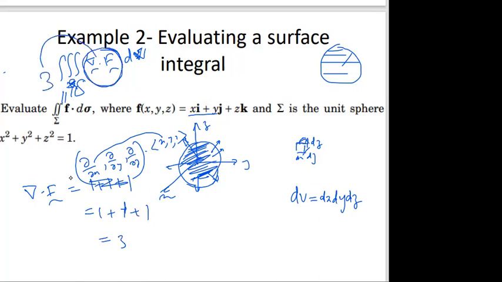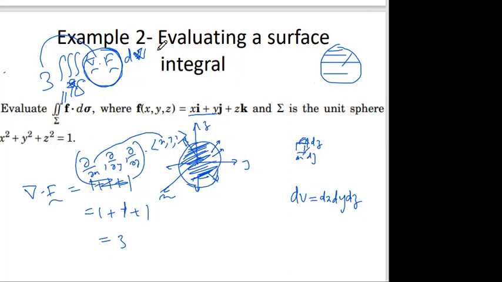It is a constant. So you take the triple integral, you add up all these infinitesimal volumes throughout the entire solid. So what is the volume of a sphere? 3 times that.